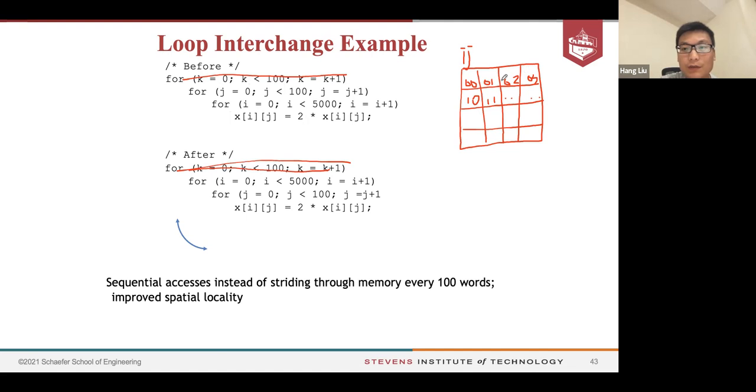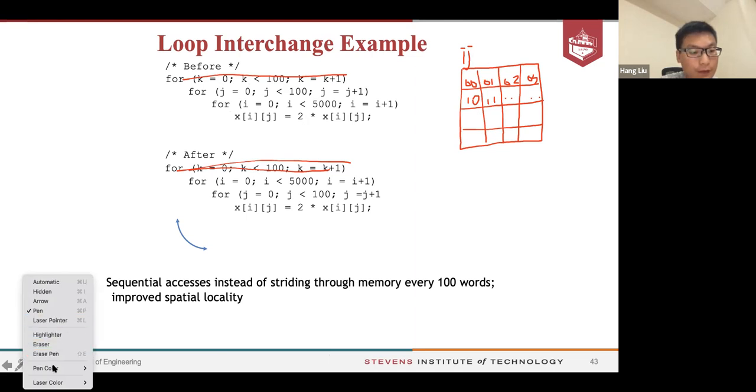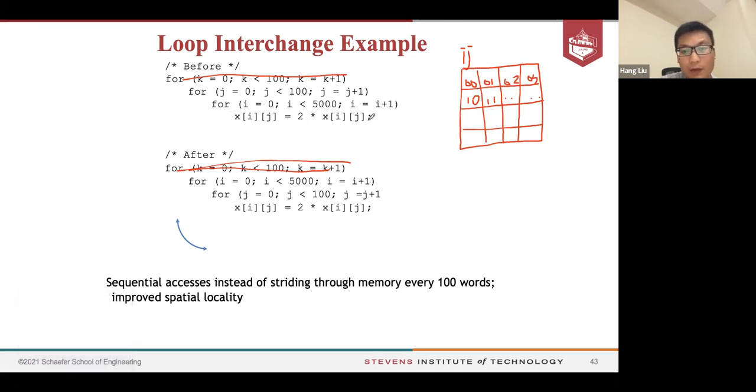So we do j equals 0 and then we cross all the i's. The first access goes this way, and then this way. But data is stored like this, so we always have a cache miss every time.